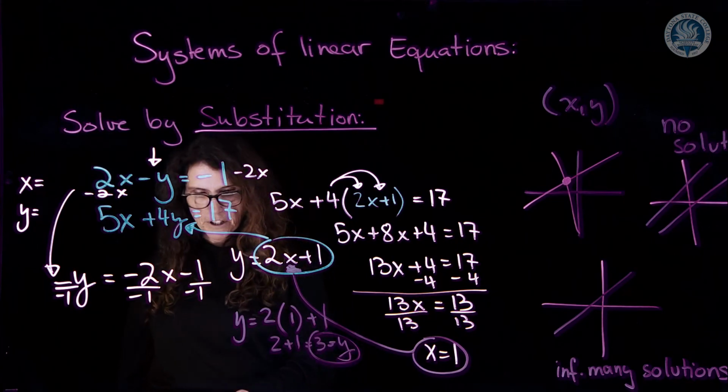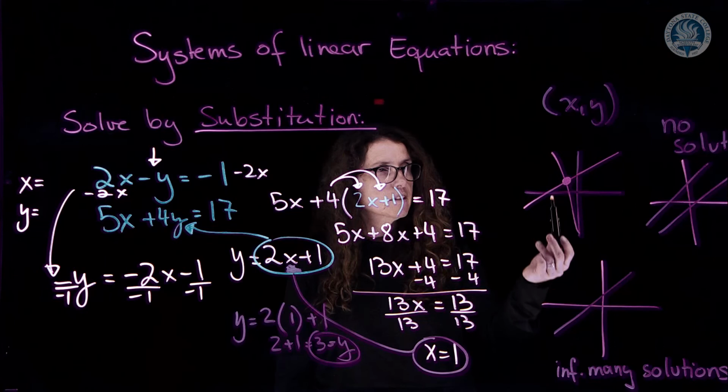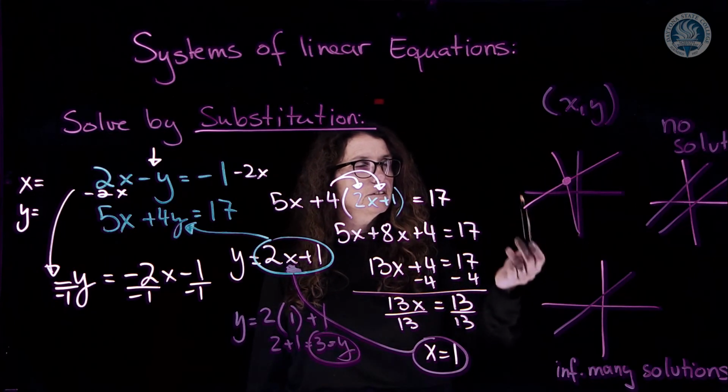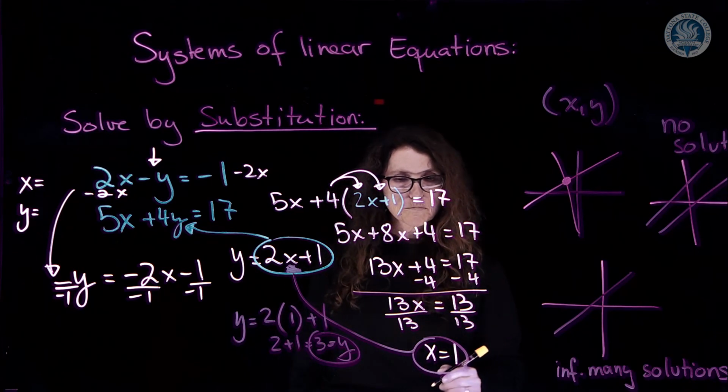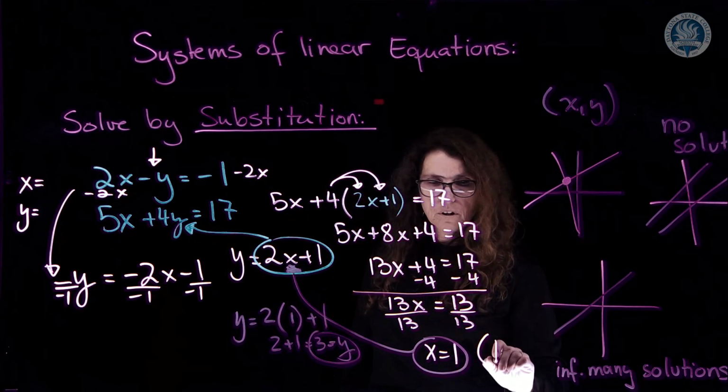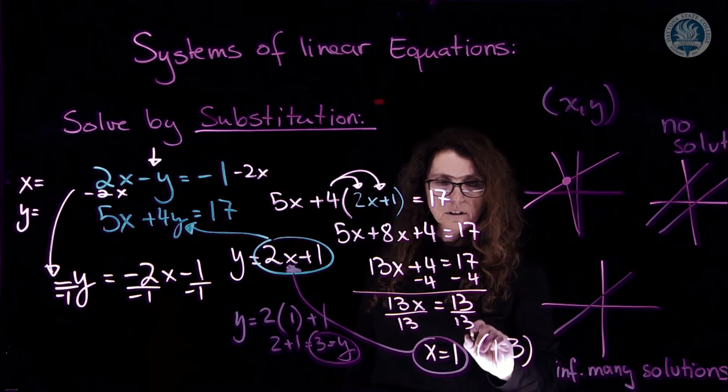Our ordered pair, in this case, is a case where the lines do intersect, and the ordered pair would be 1, 3.